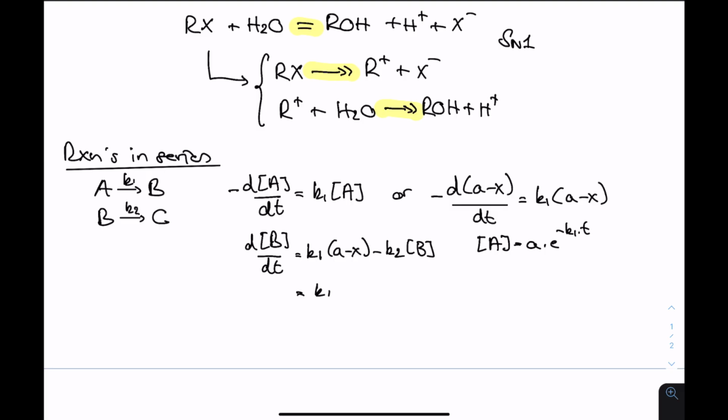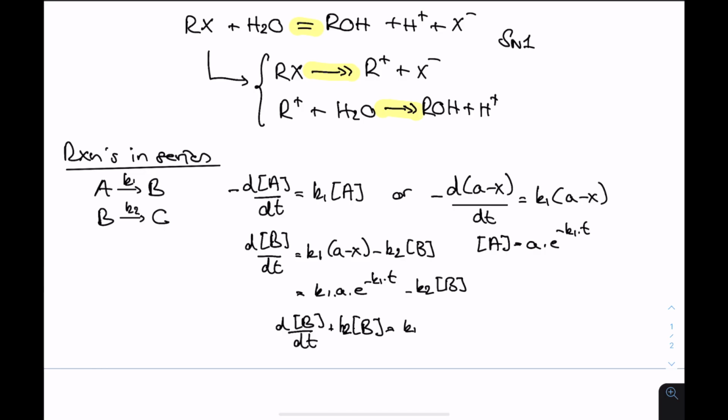So let's simplify that. Minus k1 times t minus k2 times B. Then we can write dB/dt plus k2 times B equals k1 times A times e to the minus k1 times t.